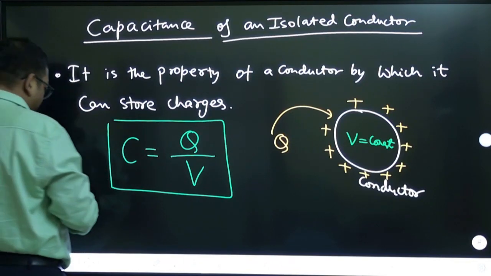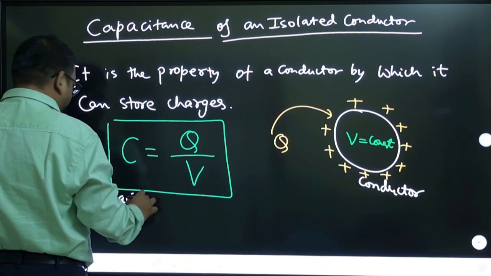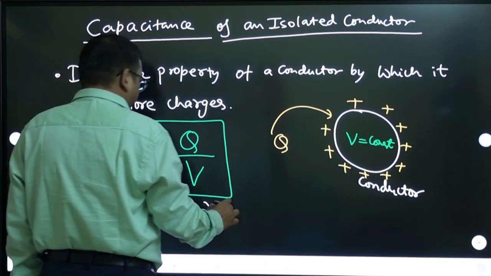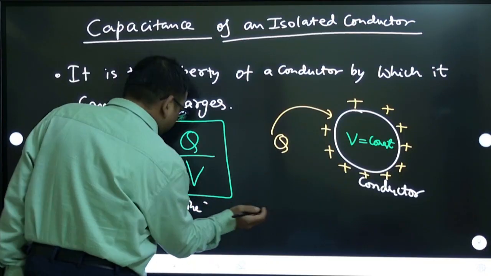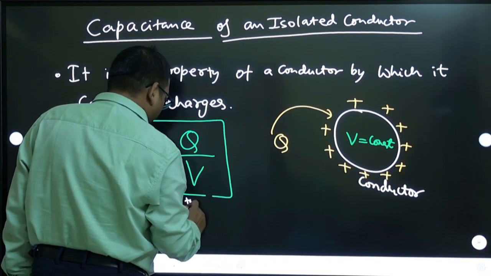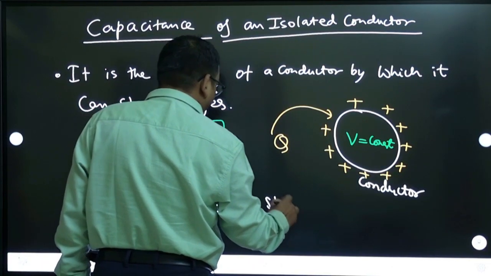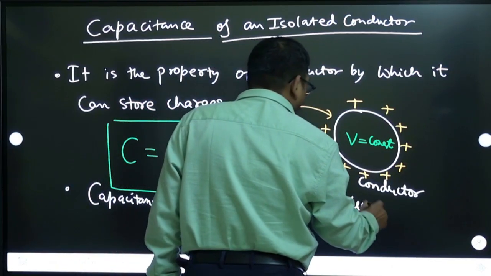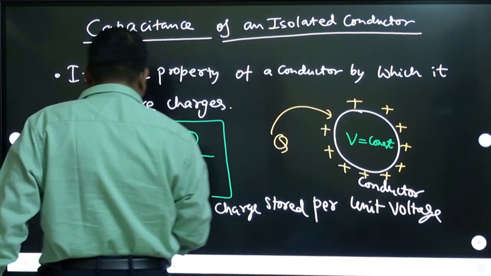Now you can also define capacitance as the charge stored per unit voltage developed.